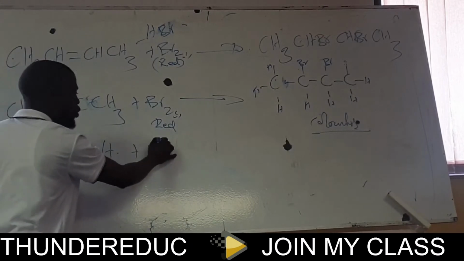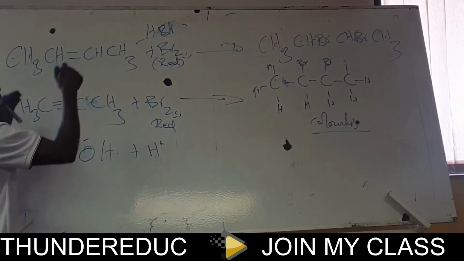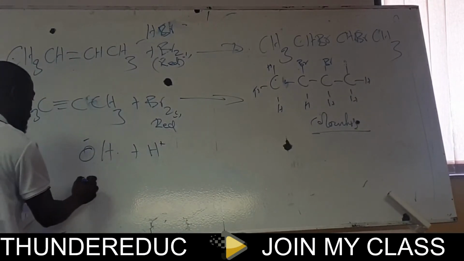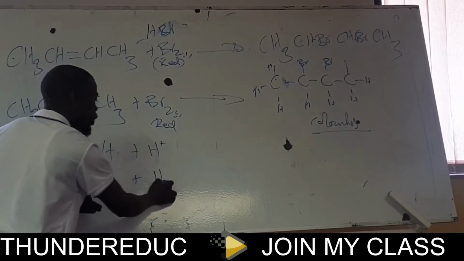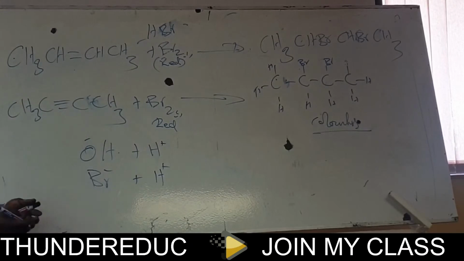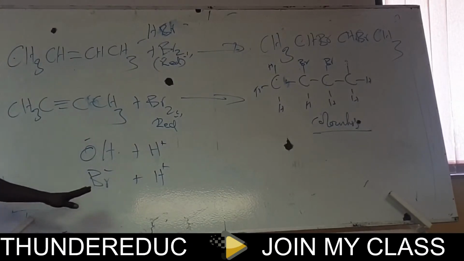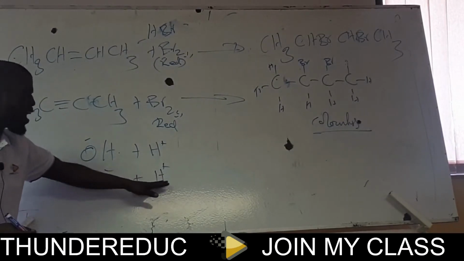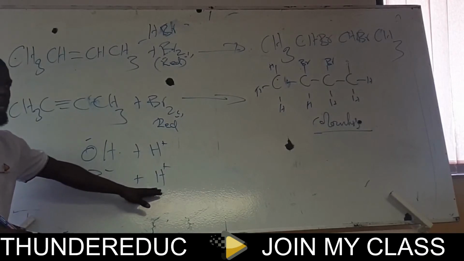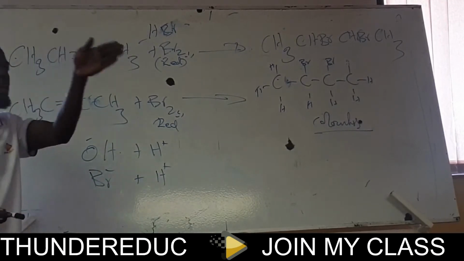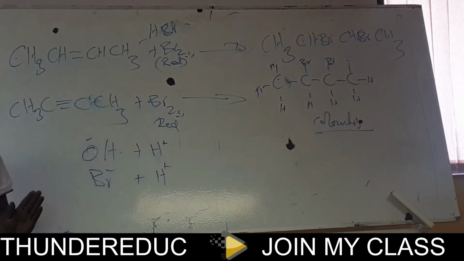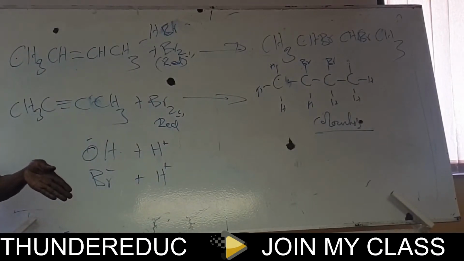These are the molecules you are adding. In hydrohalogenation, you are adding maybe a bromine, and then you're also adding a hydrogen. Markovnikov says that when you are adding these molecules, hydrogen will go to a carbon atom with a high number of hydrogens. You remember?